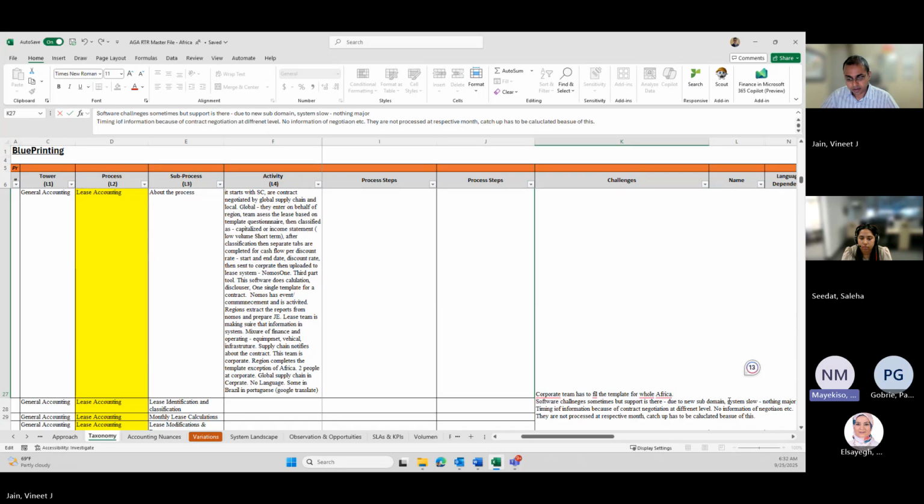Pariksha, is there anything that you can think of? About the template and all the calculations you mentioned, you do the calculations, right? Sometimes. So the software also does it, but you have to do certain calculations, right? I don't perform any calculations.